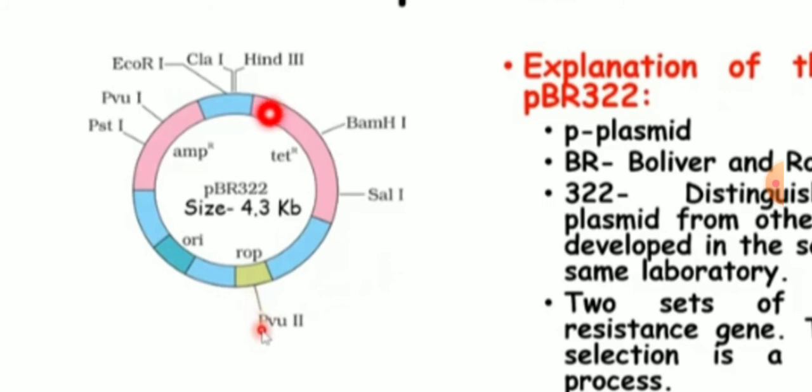So if we insert any alien DNA or foreign DNA here, then what happens? The tetracycline resistance power will be lost. It happens when the ligation takes place in the proper way.